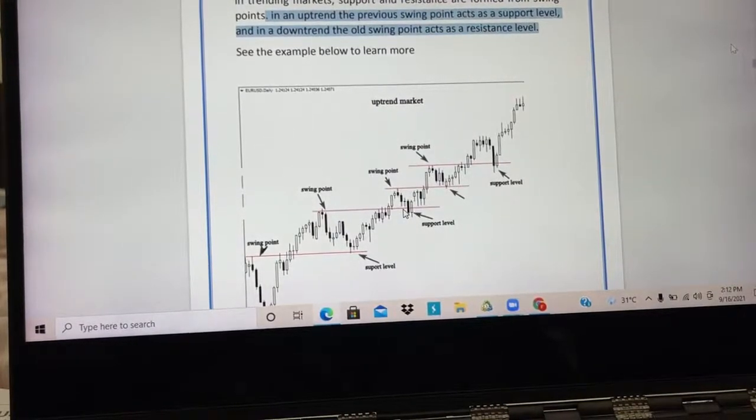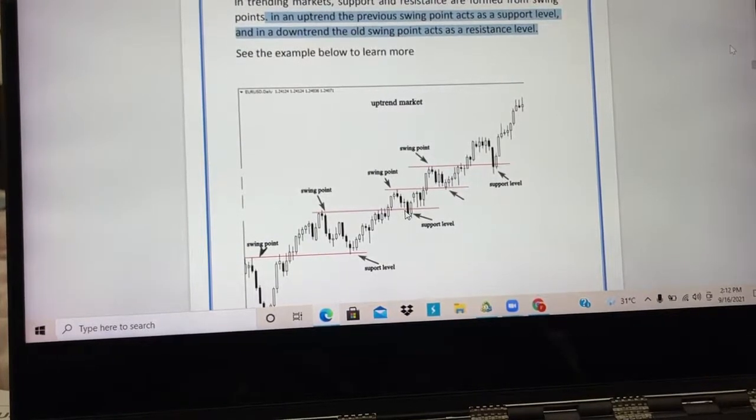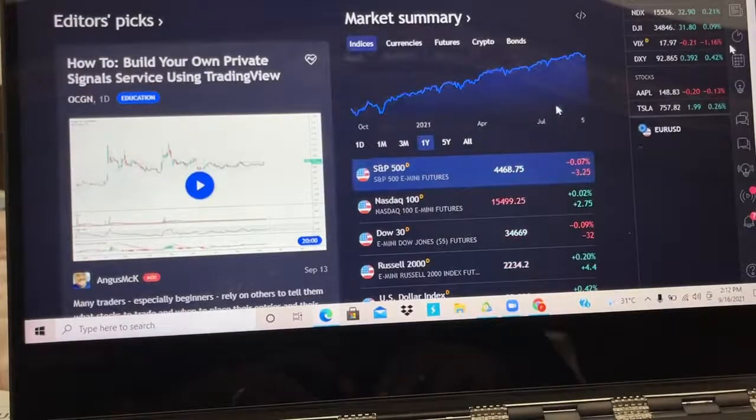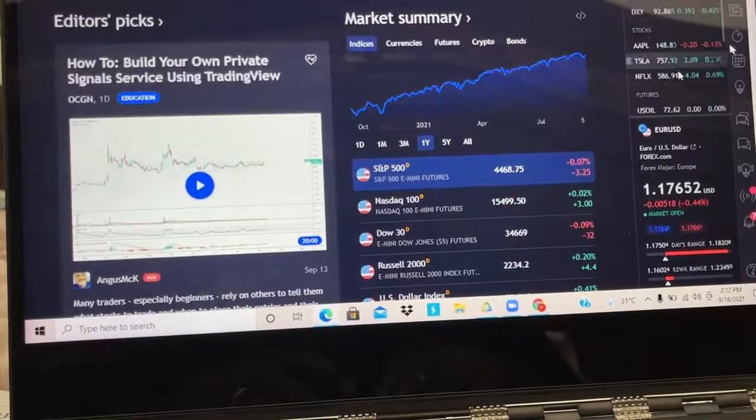And that entails looking at what happened to the left. Okay, so let me show you how you would identify a support level on your chart.